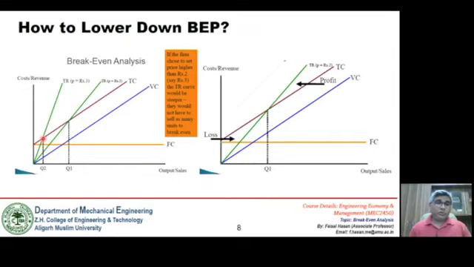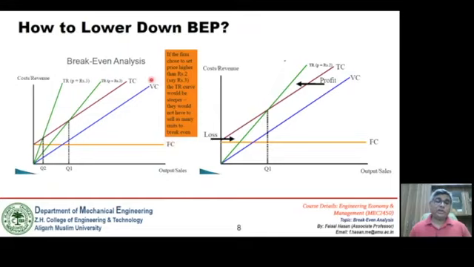Another method of lowering the break-even point is to move the total cost line, or reduce the slope of the total cost line. This can be achieved only if we reduce the fixed cost or the variable cost. If the total revenue line remains the same and we work upon the total cost, the fixed cost is generally what we have already incurred, so this can't be changed.